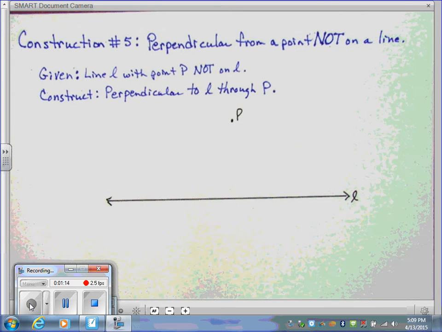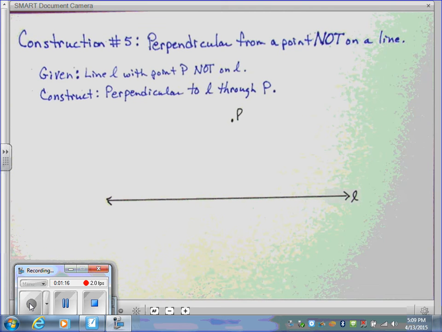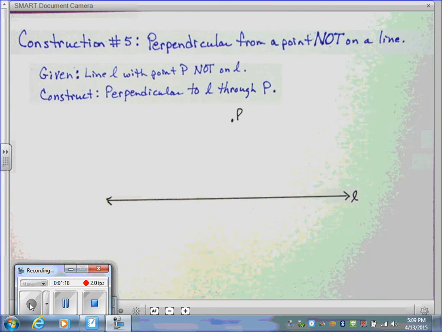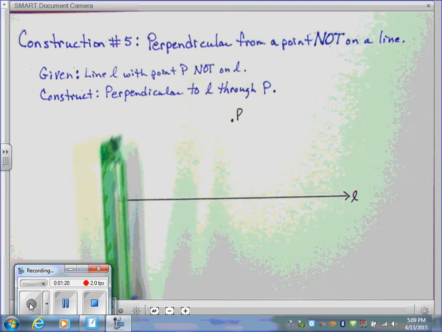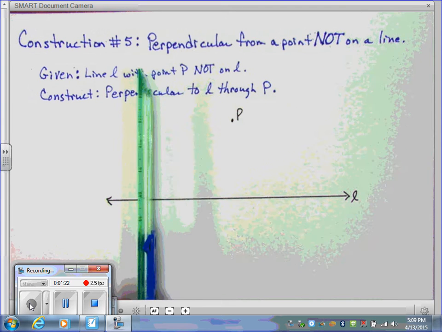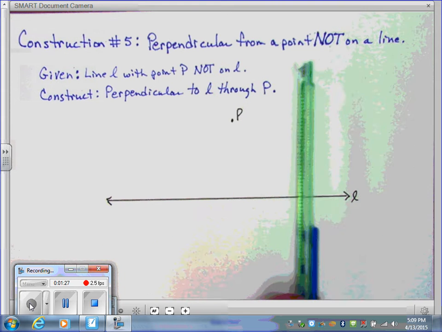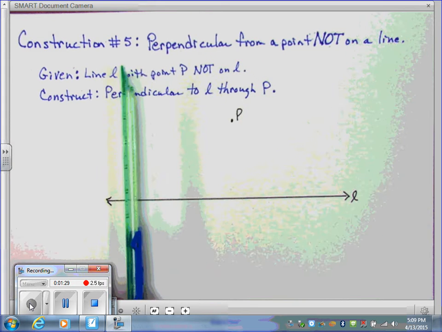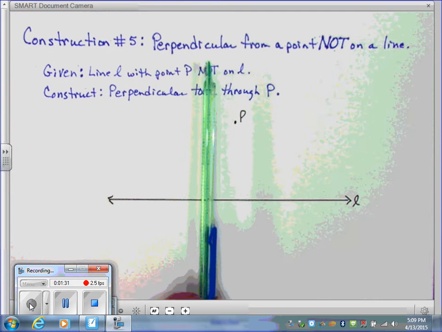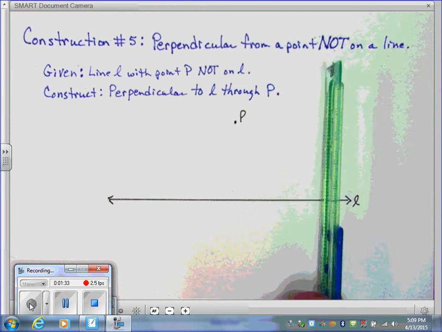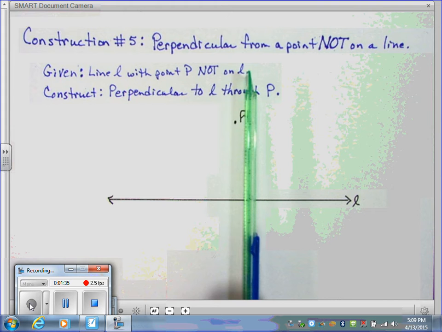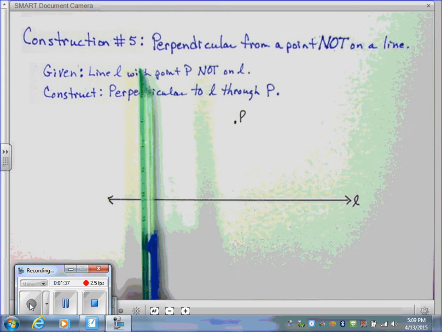We want the perpendicular through P, perpendicular to line L. So we could do this 2 ways. I know perpendicular means I'm going to need a right angle. There's a lot of lines that are perpendicular to L. Notice I'm indicating lines with my compass visually that would be perpendicular.